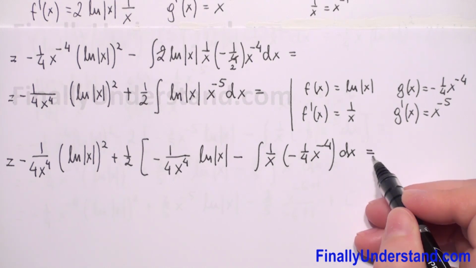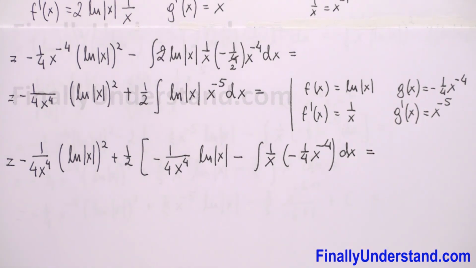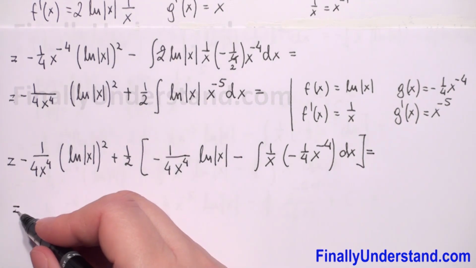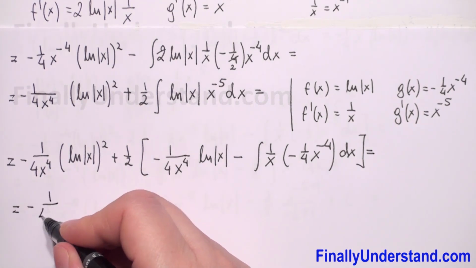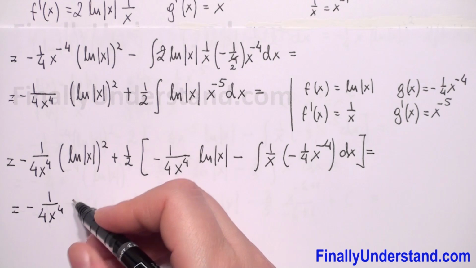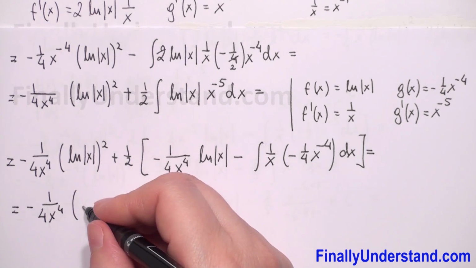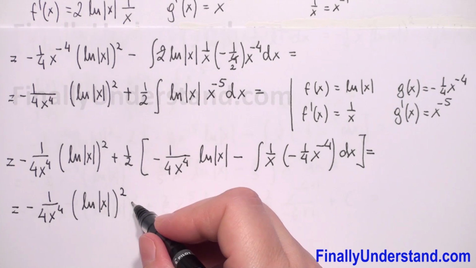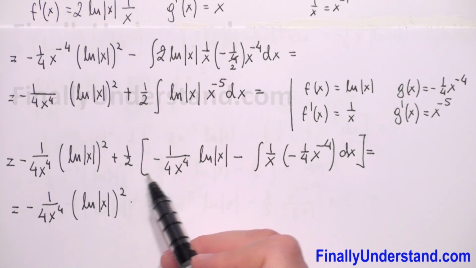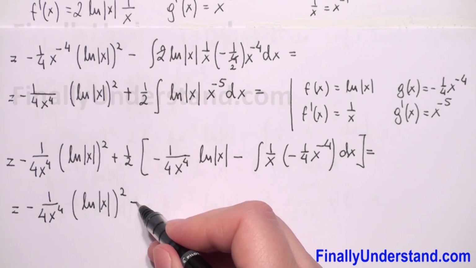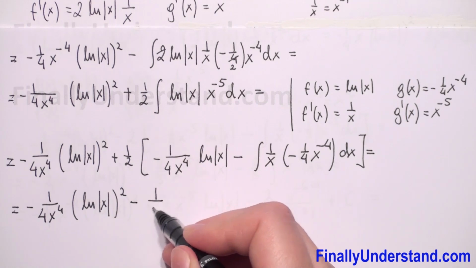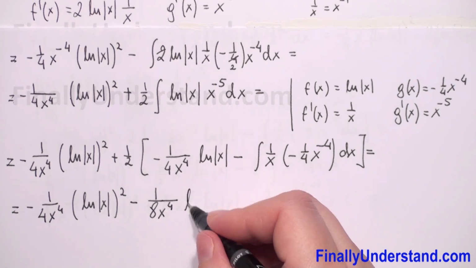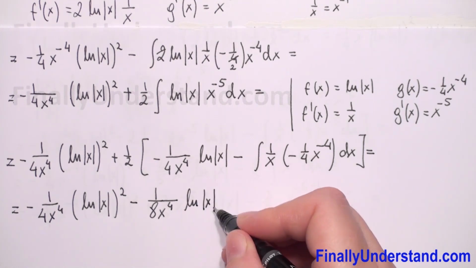So this is equal, we have to close brackets. So we have negative 1 over 4x to the 4th power, square of the natural logarithm of the absolute value of x, and we have positive times negative will be negative, 1 over 8x to the 4th power, the natural logarithm of the absolute value of x.